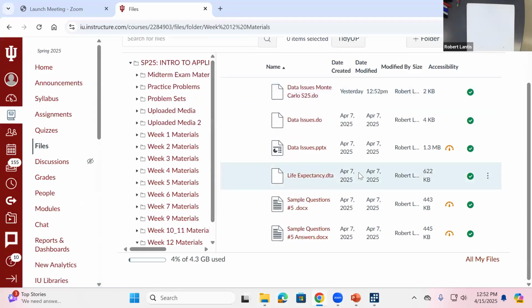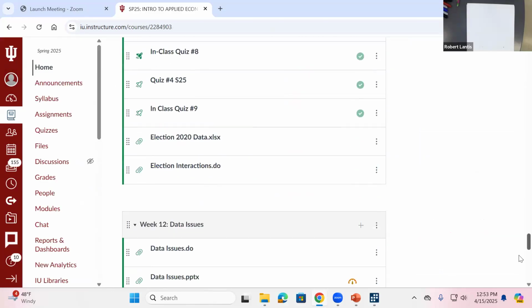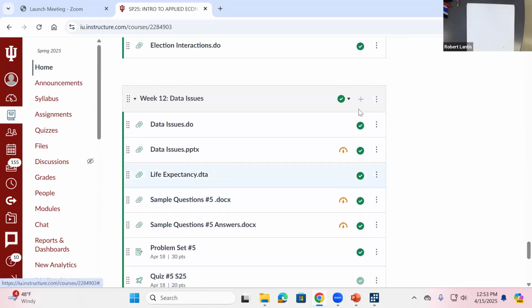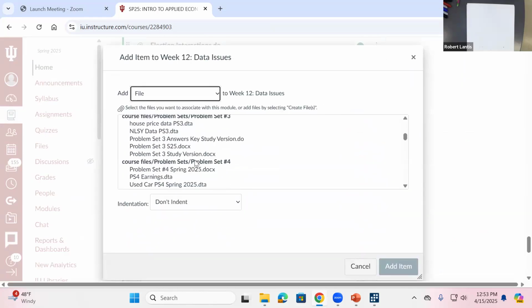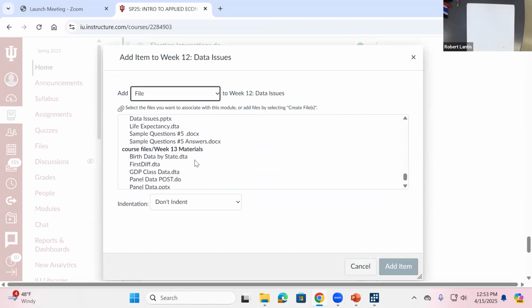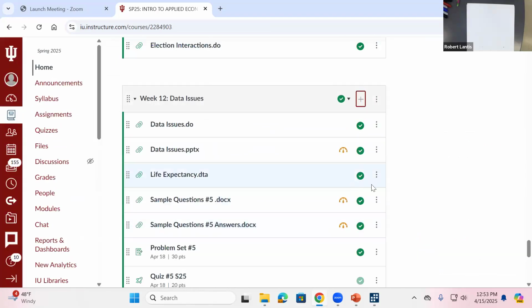Oh, it was there. Apparently, I just didn't add it to the homepage. So data issues. I'll add it to the homepage so it's easier to find, under week 12. Yeah, here it is.